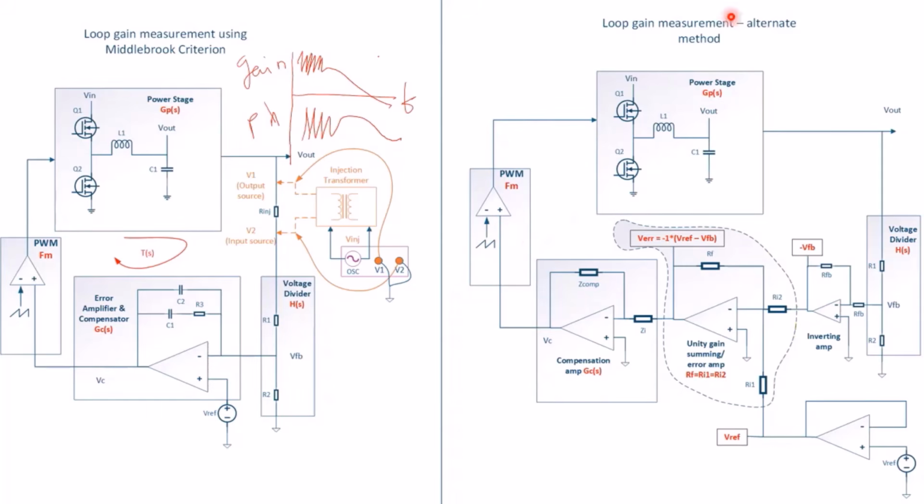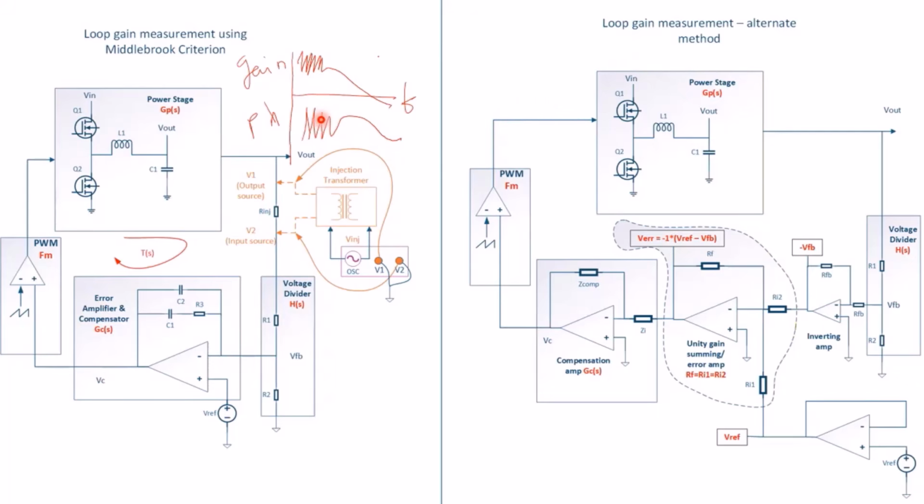So when I use the alternate method, which exploits the availability of the error signal to perform the loop gain measurements, the noise issue went away. So I'm going to explain how it works.